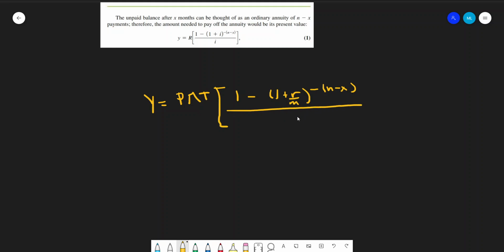So if you want to use the formulas that were applied in this example, you could probably say y equals the payment multiplied by 1 minus (1 plus r over m) raised to the power of minus (n minus x), and all of this is divided by r over m.